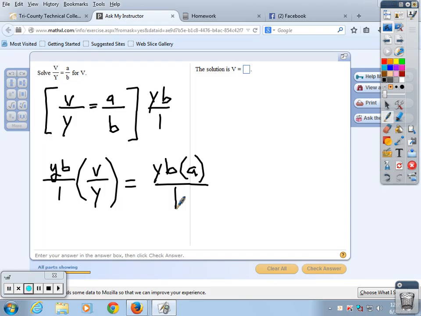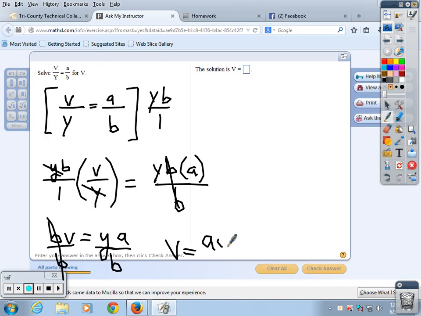And what happens to the Y's? That leaves you with BB. What happens to the B's? YA. And what are we solving for? B. So divide both sides by what? B. And B is equal to AY over what?